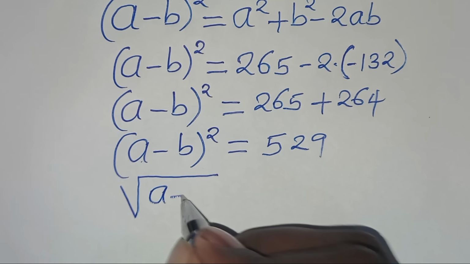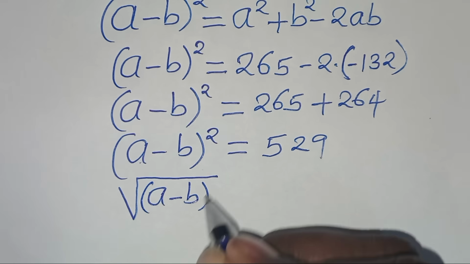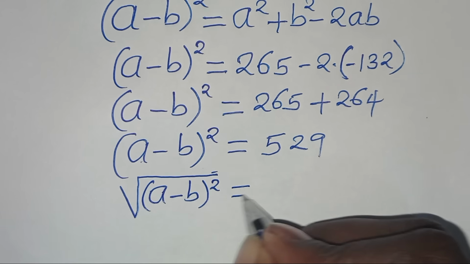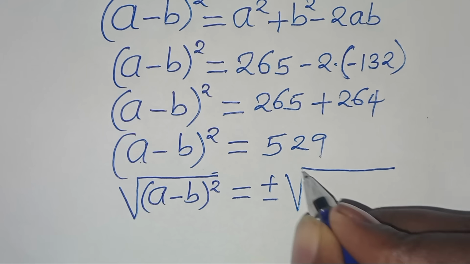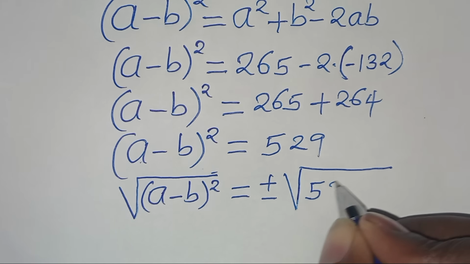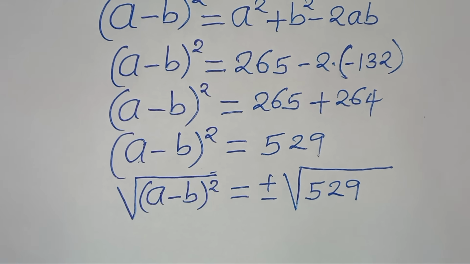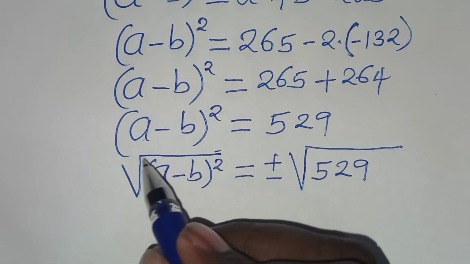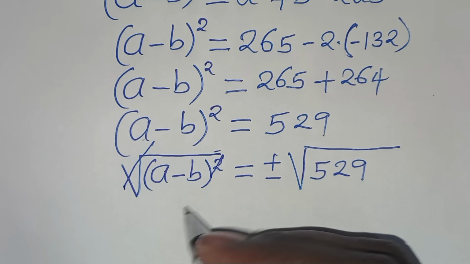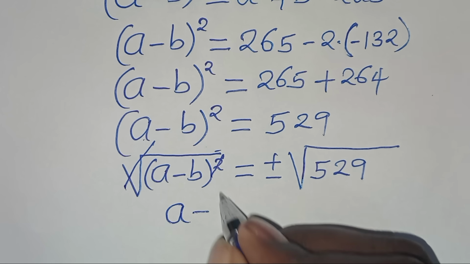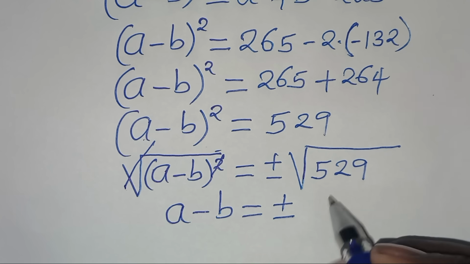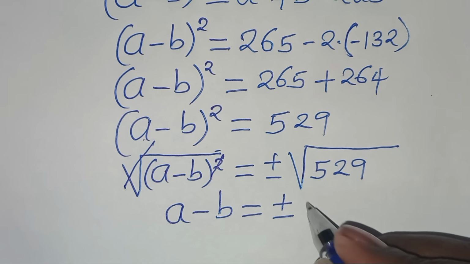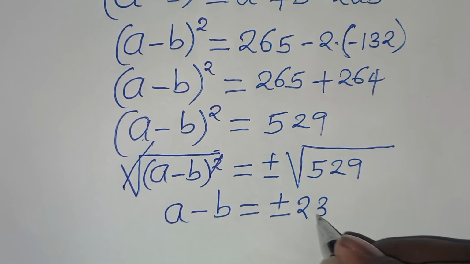This is the square root of a minus b raised to the power of 2, which is equal to plus or minus the square root of 529. Now let's eliminate the square root sign here, so that a minus b is equal to plus or minus the square root of 529, and this is equal to 23.